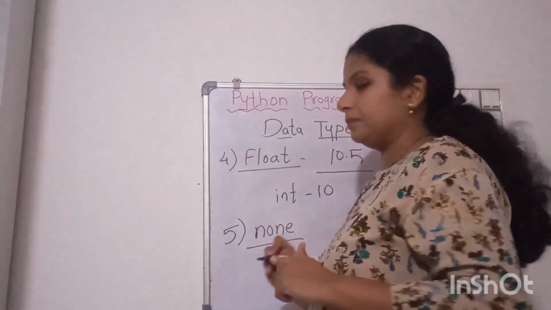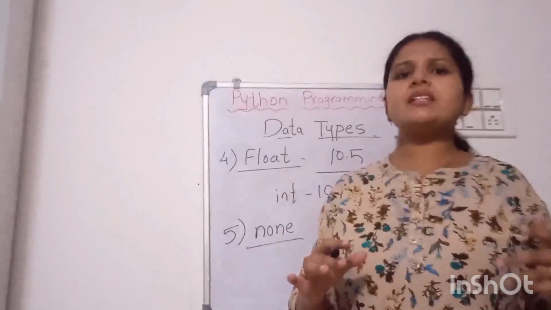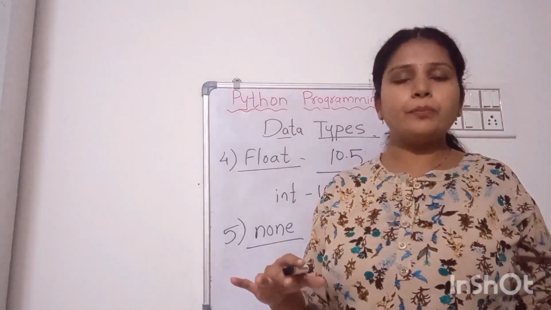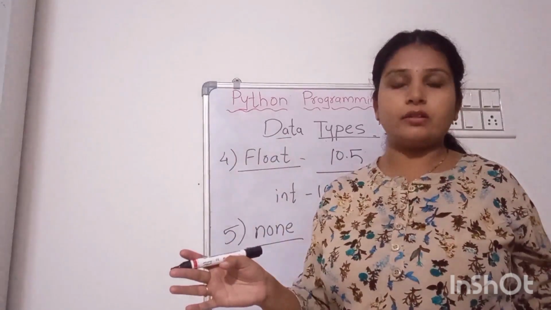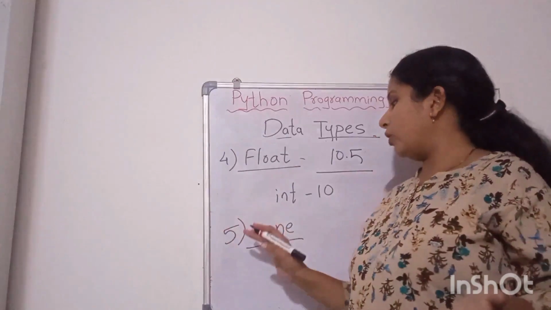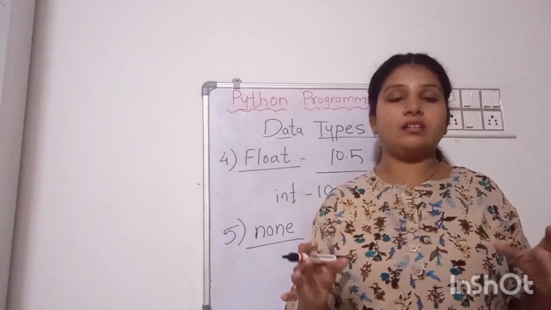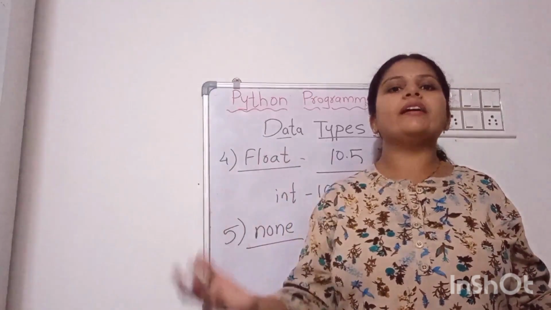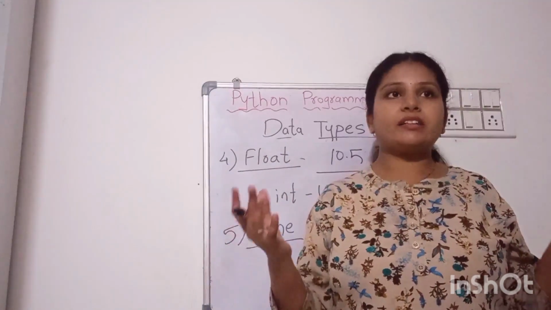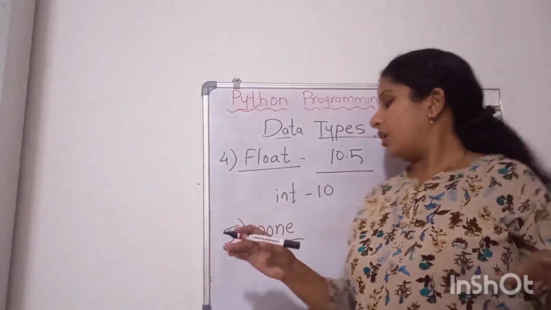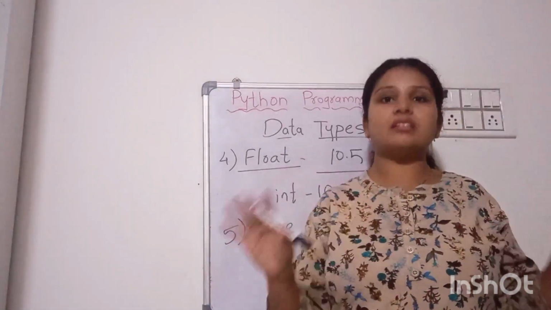Now what is meant by none? None means nothing. Okay, when you are telling the computer there is nothing in the result, or there is nothing to be taken as the input data, then you declare the data as none. None is actually a value and also a data type. When you assign the value none to any other variable, that means it has nothing.